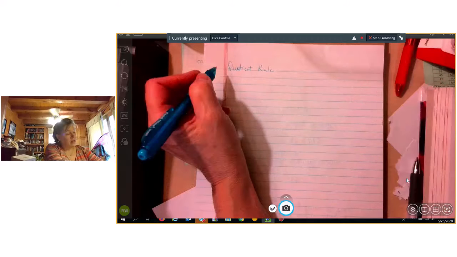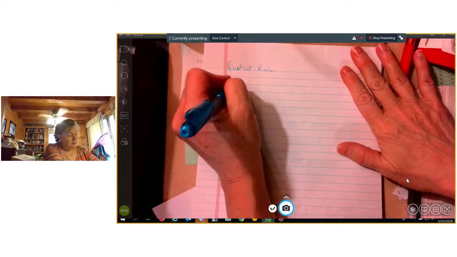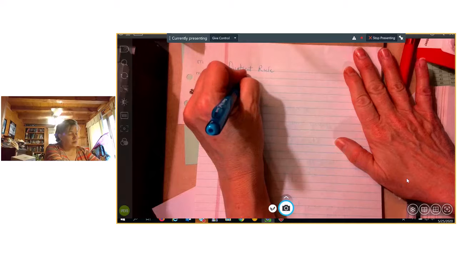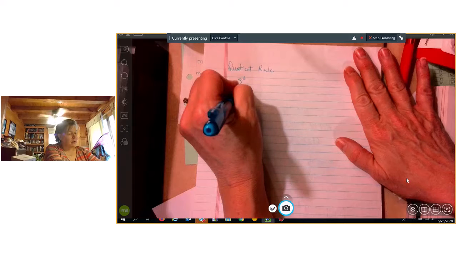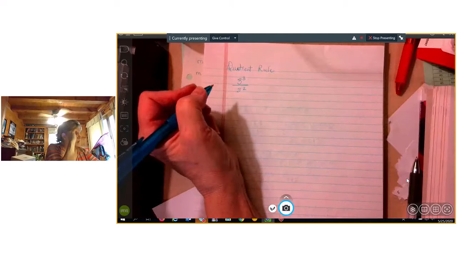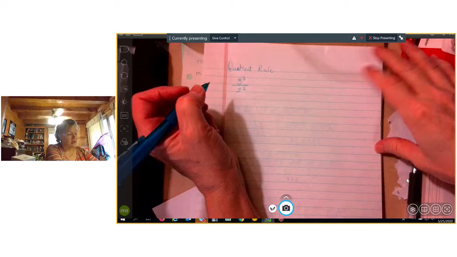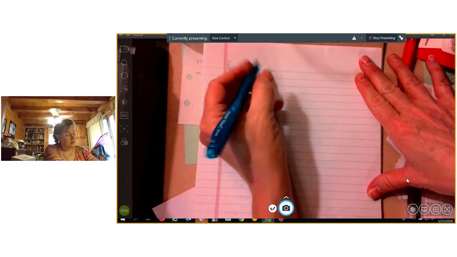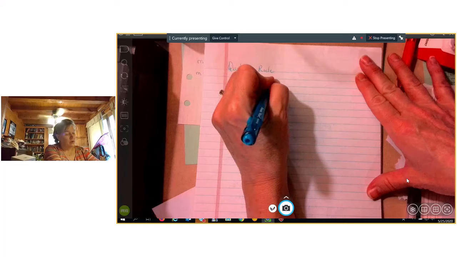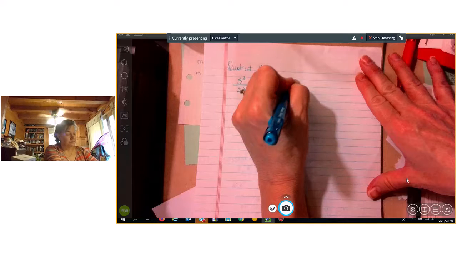So what if I had, let's use the same numbers, 3 to the 3rd divided by 3 squared. So since division is the opposite of multiplication, then this is going to be 3 to the 3 minus 2, which is going to equal 3 to the 1.